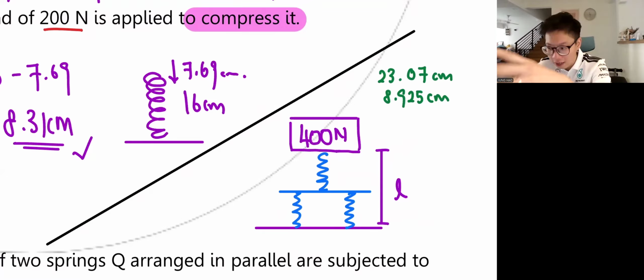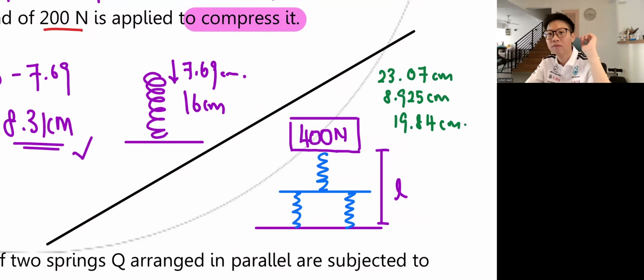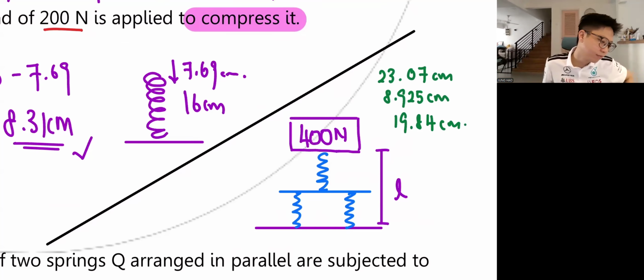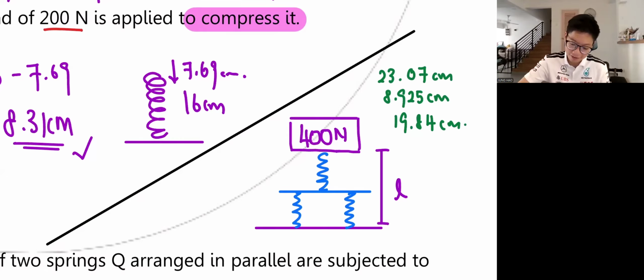Challenging, you wanted it. But want to do, don't want to do. Aduh, hurry up guys. Come on. 19.84. Okay, last 10 seconds. 10, 9, 8, 7, 3, 2, 1. Okay, guys.